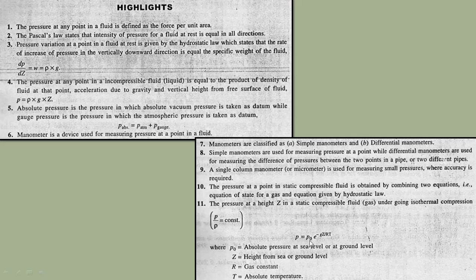So P is equal to P0 e raised to minus g into Z divided by RT, where P0 is the absolute pressure at sea level or ground level, capital Z is the height from sea or ground level, capital R is the gas constant, and capital T is the absolute temperature in degree Kelvin.